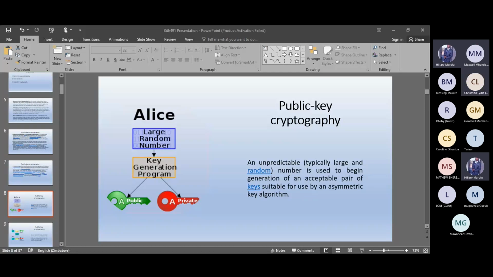Tarirai. Let me give it a try, sir. Sure. I think the purpose of generating a large random number is to make it very difficult for it to be intercepted by crypto analysts. Okay. That's what I think.